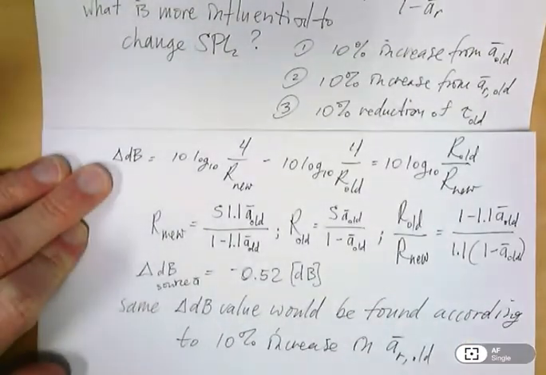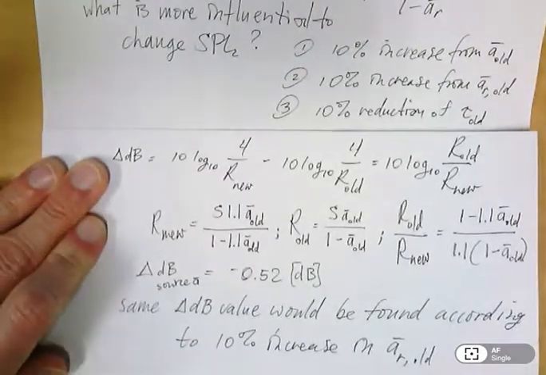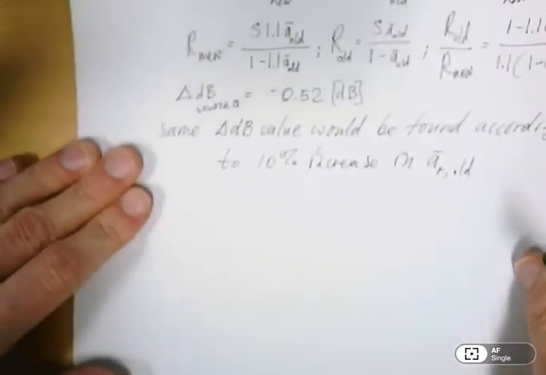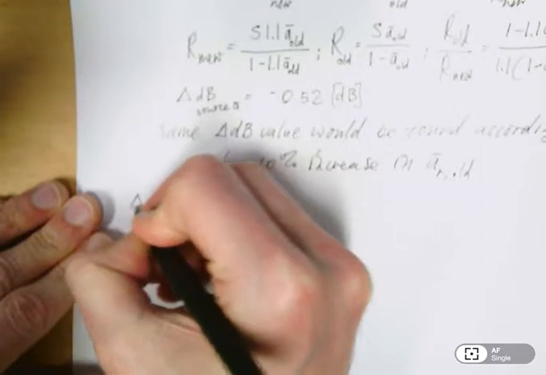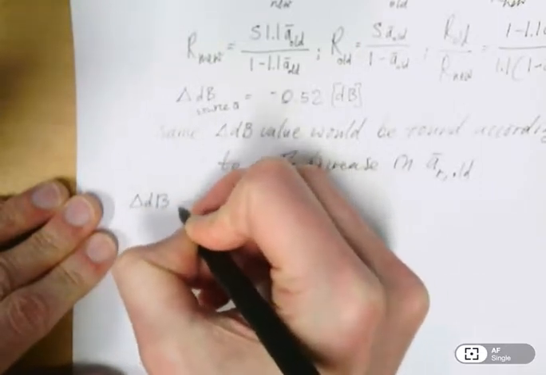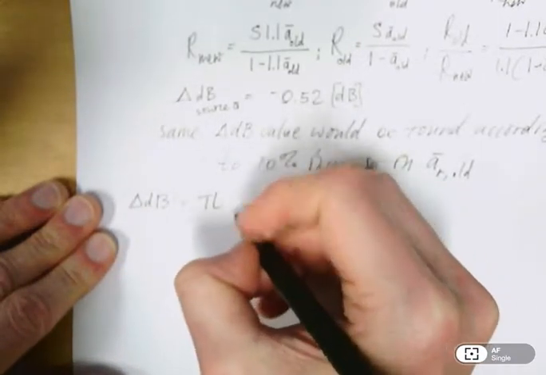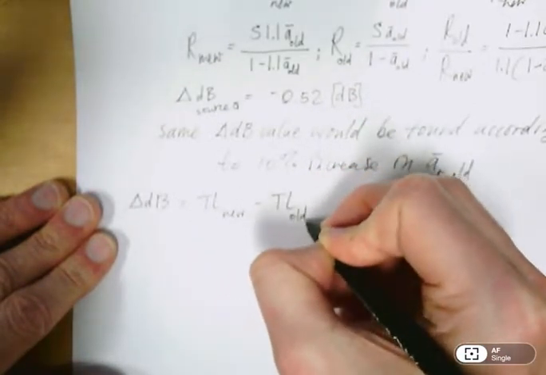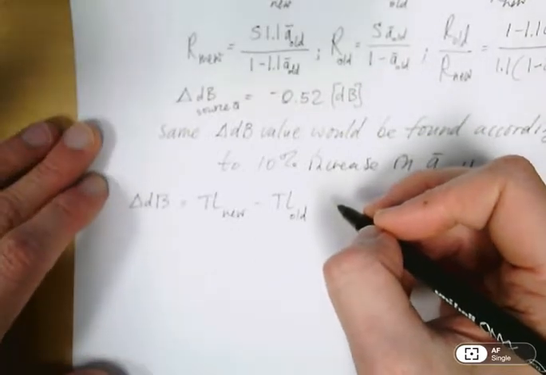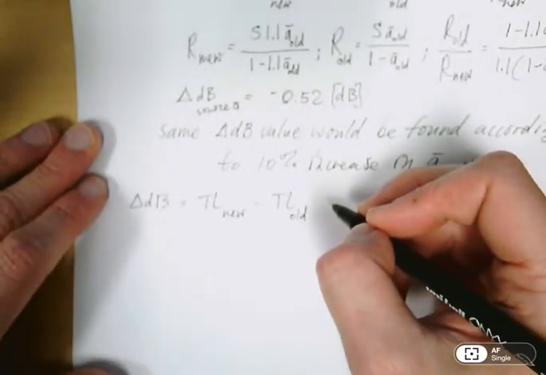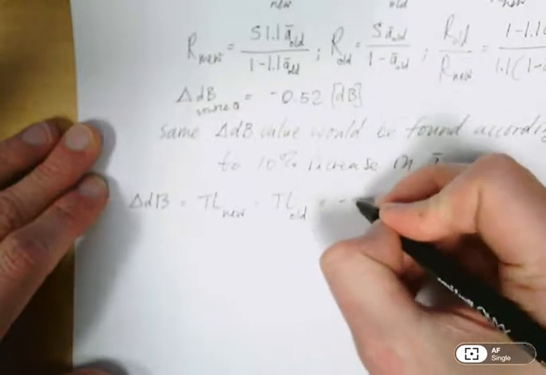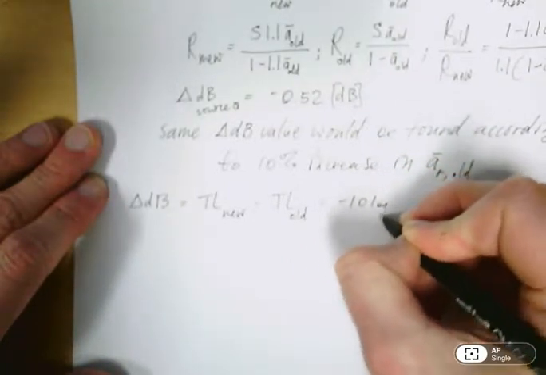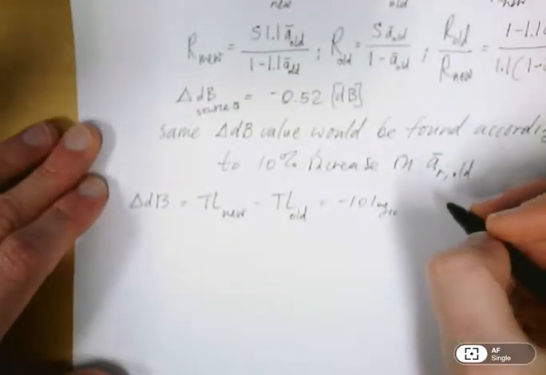So we can do that fairly easily. Let me move this away. We can say delta dB will be the transmission loss new minus transmission loss old, which we can write as minus 10 log 10 of a change in the transmission coefficient.